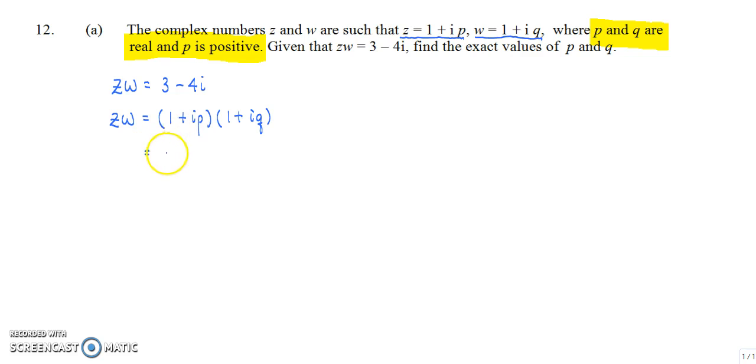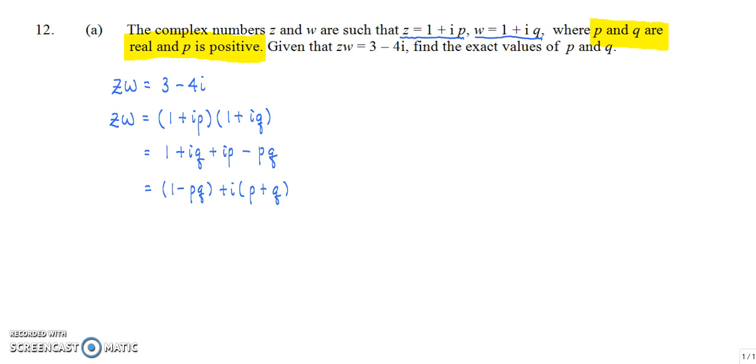Let's perform the expansion. We will get 1 plus iq plus ip minus pq. The next step is to regroup the real and the imaginary parts. In this case, our real part is 1 minus pq, and our imaginary part is p plus q.